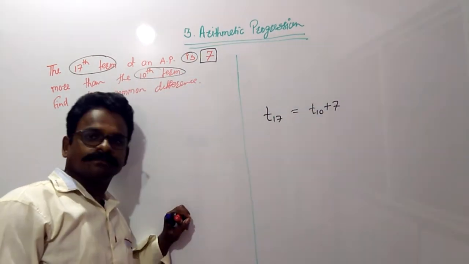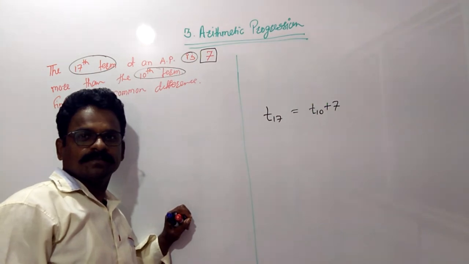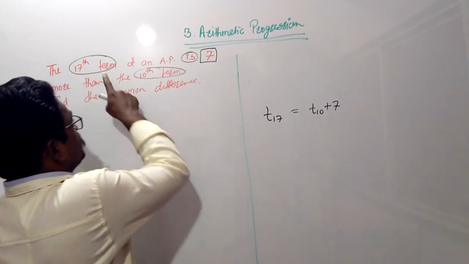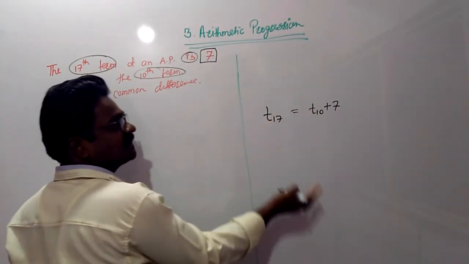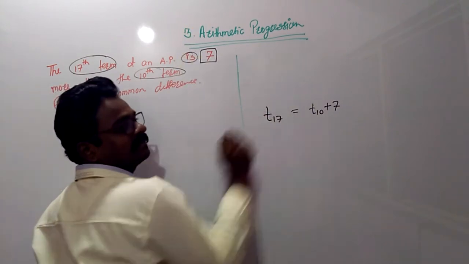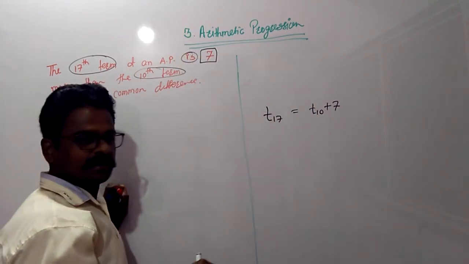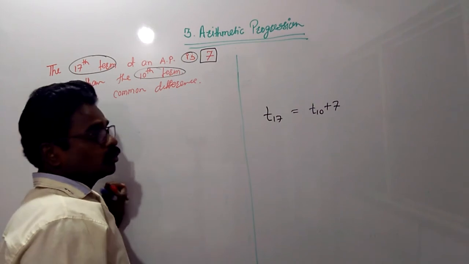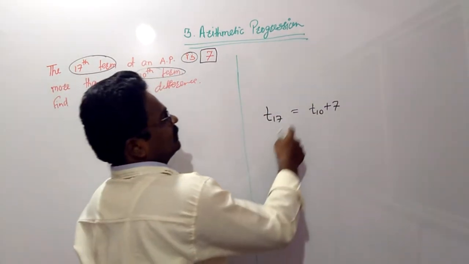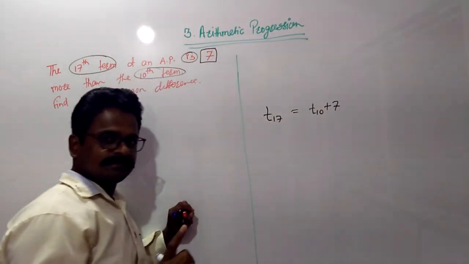Got it? The 10th term is smaller than the 17th term, so to reach the 17th term, we should add 7 to the 10th term.